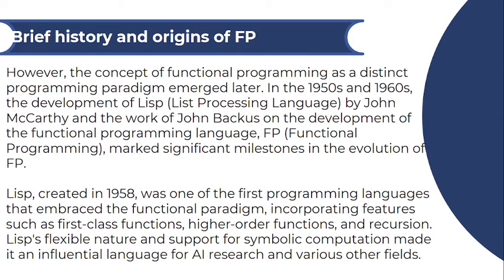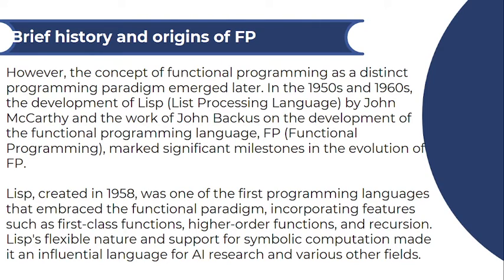Brief history and origins of FP. However, the concept of functional programming as a distinct programming paradigm emerged later. In the 1950s and 1960s, the development of the List Processing language by John McCarthy and the work of John Backus on the development of the functional programming language FP marked significant milestones in the evolution of FP.